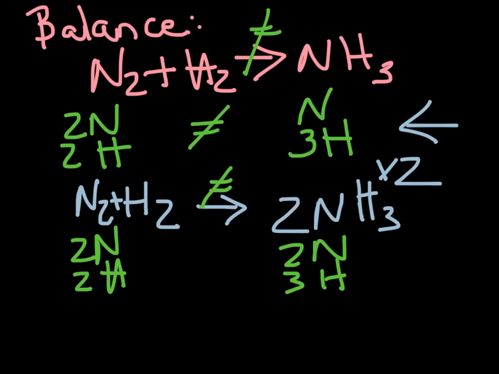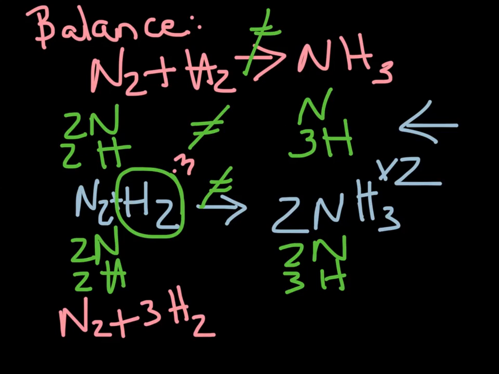In order to fix this, we need to change this here. And in order to do that, we're just going to change it to be multiplied times 3, in which case we're going to get N2 plus 3H2 is now equal to 2NH3.